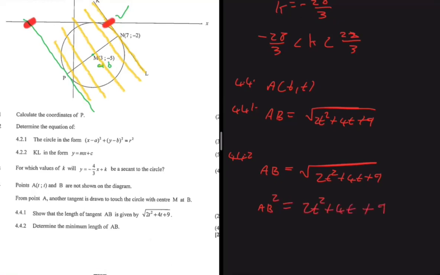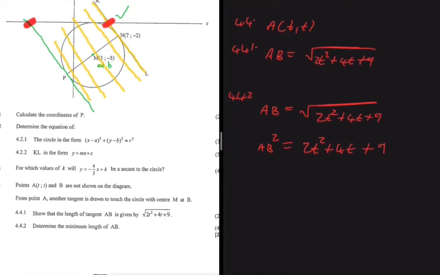Since we're looking for the minimum length, I can differentiate this and equate to 0. Let me show you something. This graph is going to be concave up. If it's concave up, then at the turning point we're going to have the minimum value. So we can differentiate this, equate to 0, and find the value of t at which we have the minimum value.